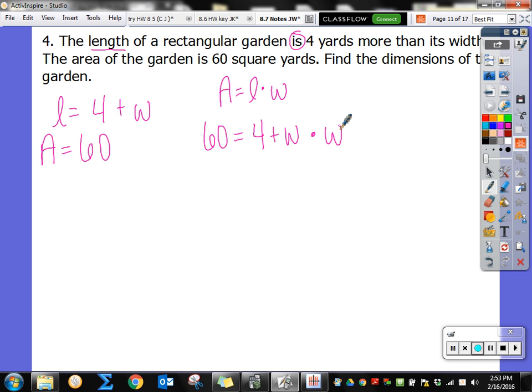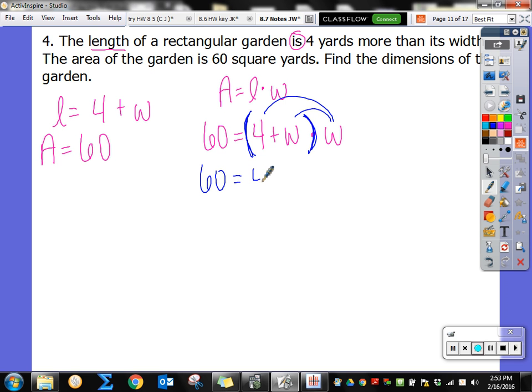Now I have it written a terrible, terrible way right now. What do I need to add to make that much, much better? Parentheses right here. I did that on purpose just to make you remember. I'd always use parentheses just in case. Then what do we need to do to simplify this right-hand side? Distribute.